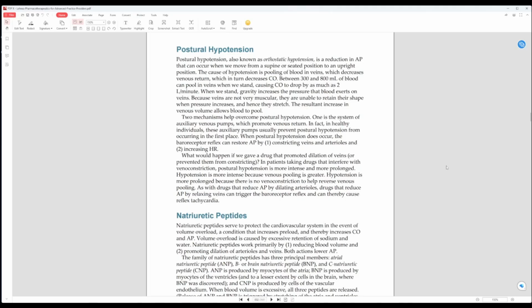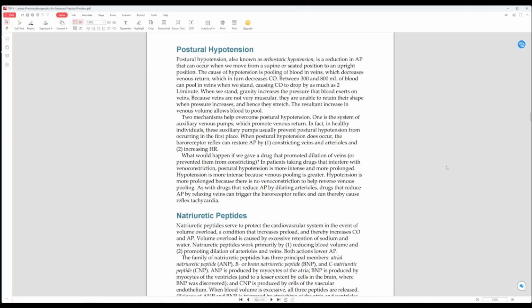When postural hypotension does occur, the baroreceptor reflex can restore arterial pressure by constricting veins and arterioles and by increasing the heart rate. What would happen if we gave a drug that promotes the dilation of veins or prevented them from constricting? Well, in patients taking drugs that interfere with venoconstriction, postural hypotension is more intense and more prolonged.